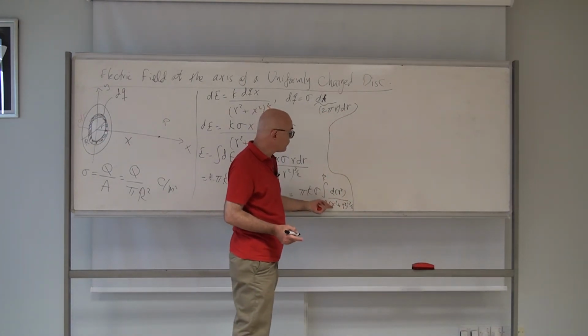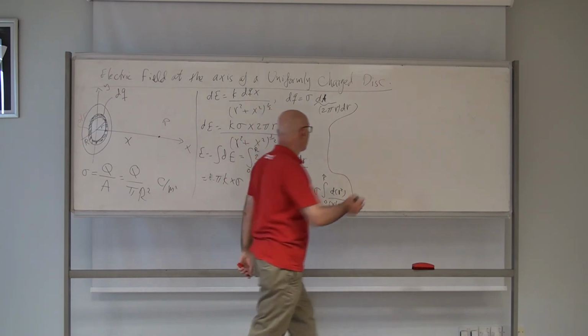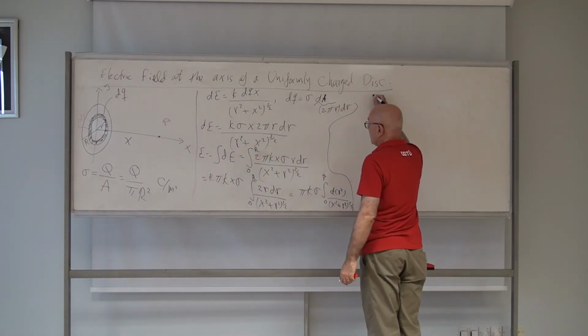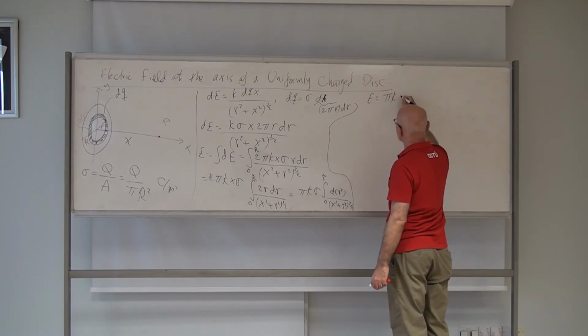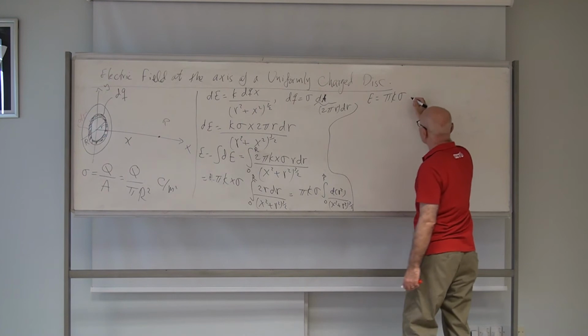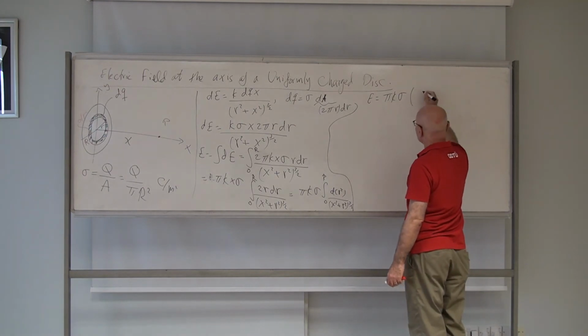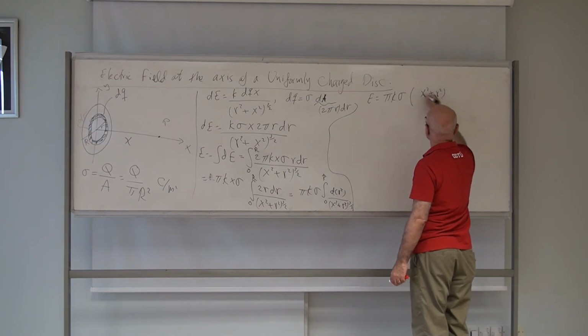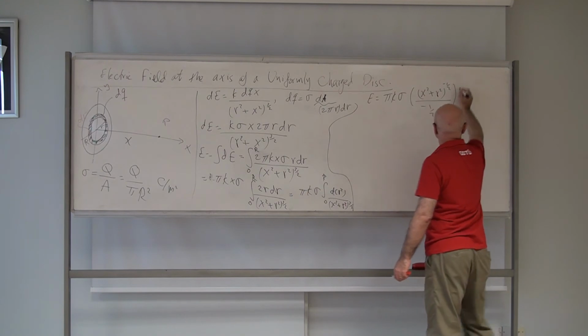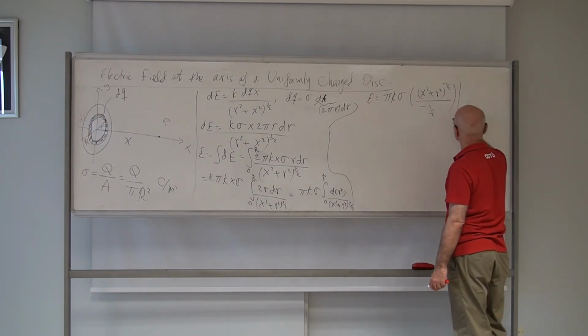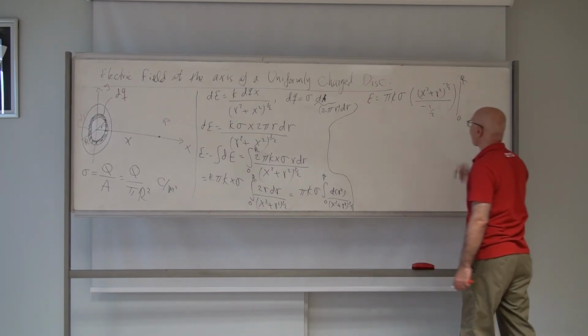It is just this denominator to the power minus 1/2 divided by minus 1/2, so it becomes pi k sigma, and it is x square plus r square to the power minus 1/2 divided by minus 1/2, and the limits of the integral are from 0 to R.